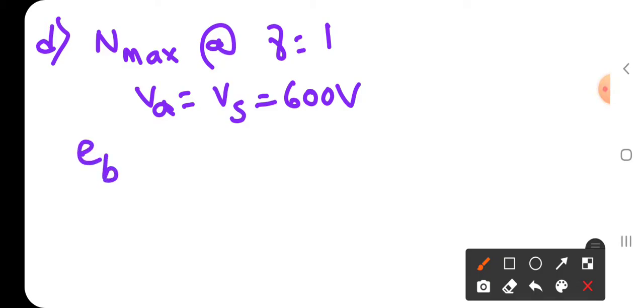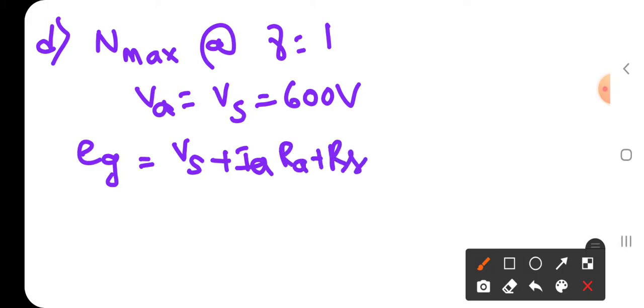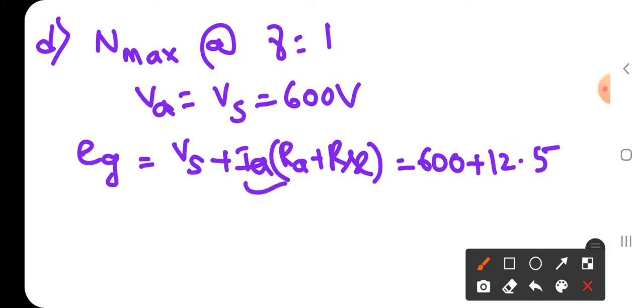Here you can write it is not EB, it is EG. EG is equal to Vs plus Ia into (Ra plus Rse). This is 600 plus 12.5, already we calculated this value, so it is 612.5.